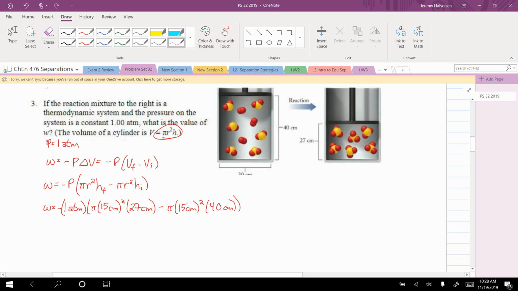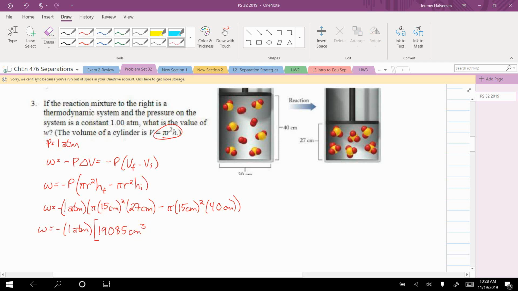Okay. So if I plug that all into my calculator, what I get is pi times 15 squared times 27. First thing, I get 19085 centimeters cubed.